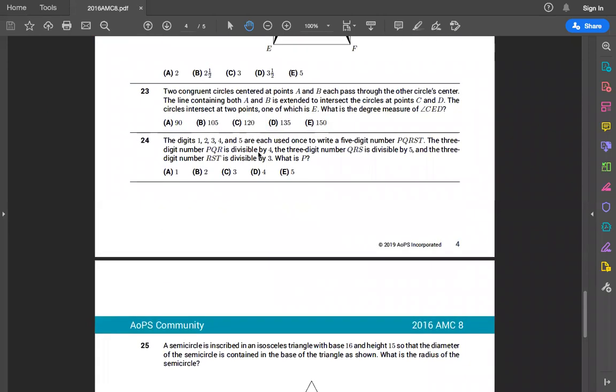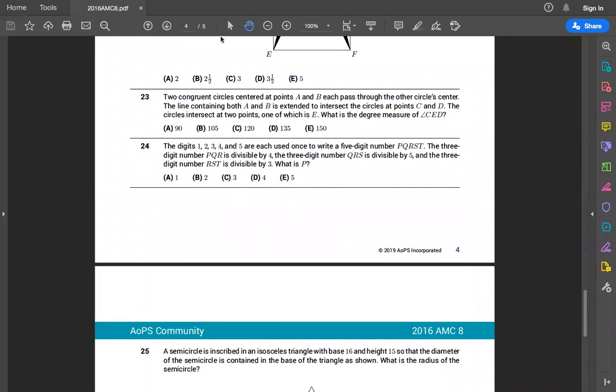Okay, problem 23. We have 2 circles centered at A and B, and they pass through the other circle's center. Trying to draw these circles as equal as possible.